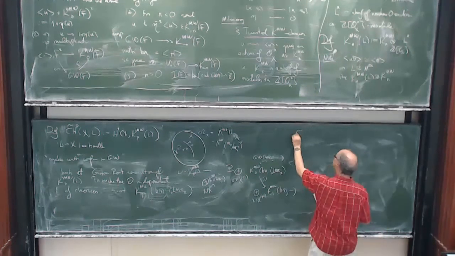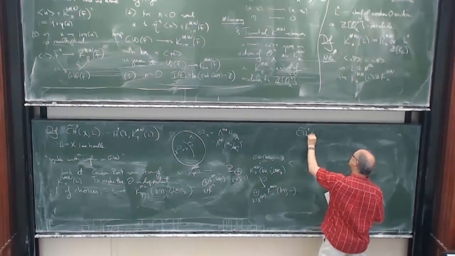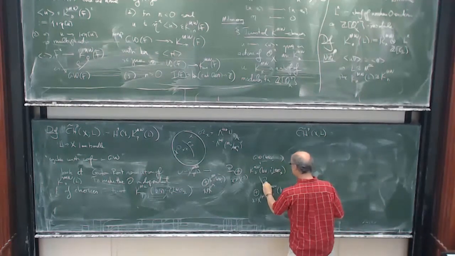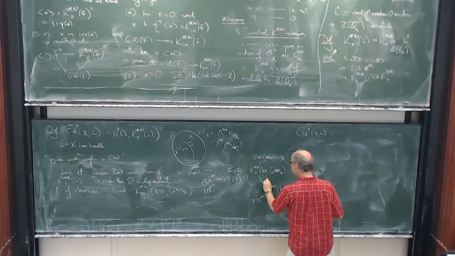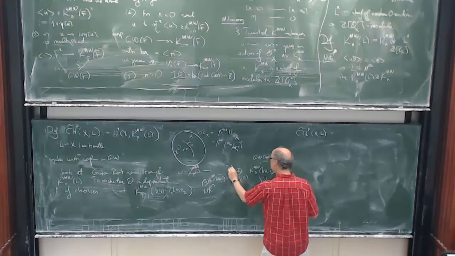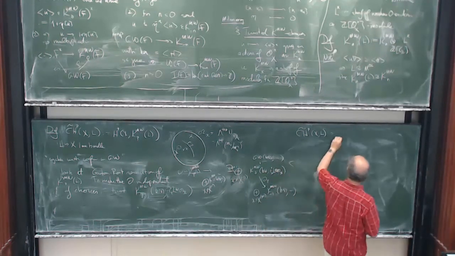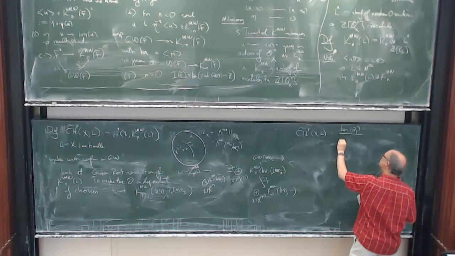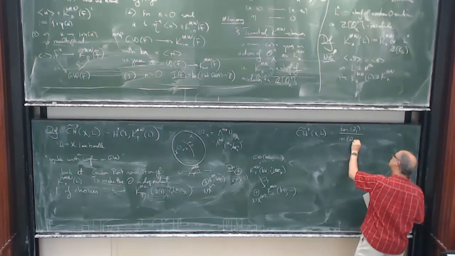And so it tells you that this Chow-Witt group, let's call this map delta p, and delta p plus 1, is equal to the kernel of delta p modulo the image of delta p plus 1.